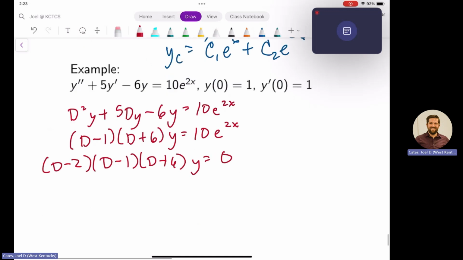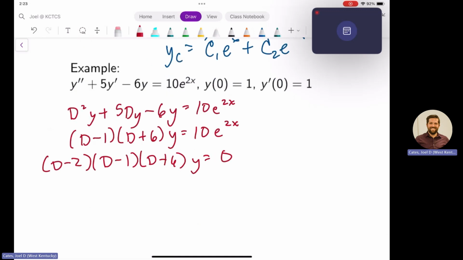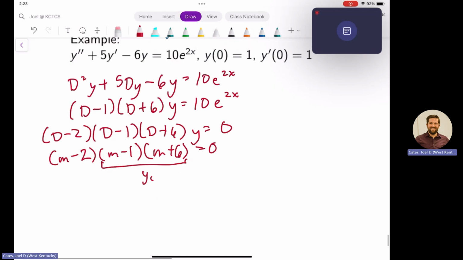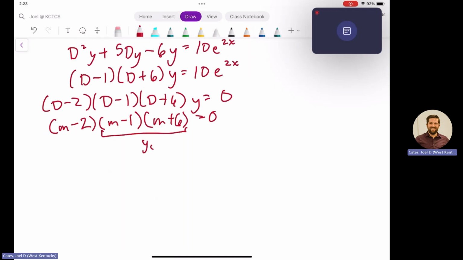Now, looking at this, if we translate this again into an auxiliary equation, we've got (m minus 2)(m minus 1)(m plus 6). Because these two were already covered in the complementary, we don't have to worry about them again. That would be repetitive. There's no need to be repetitive.